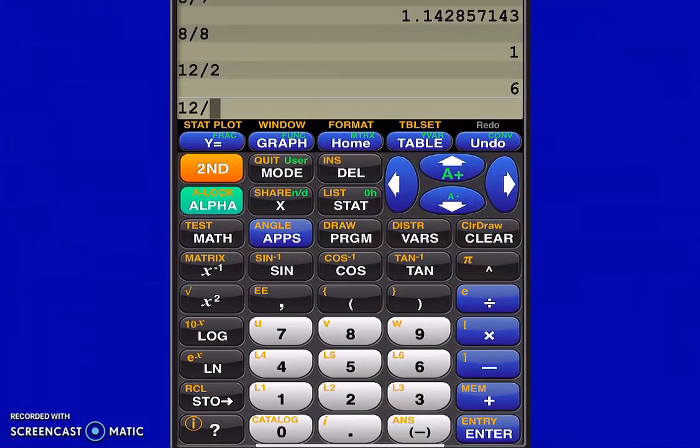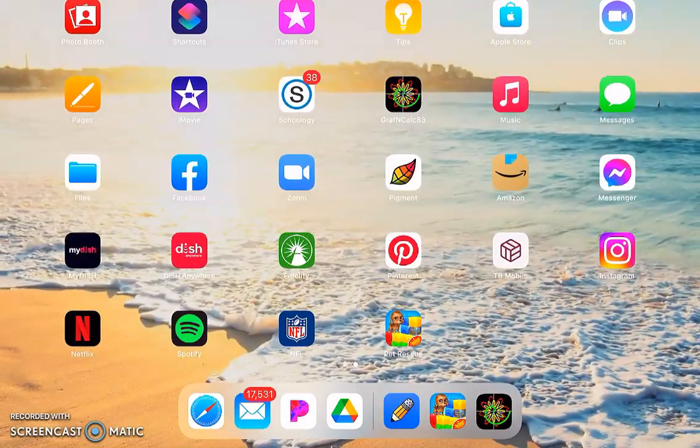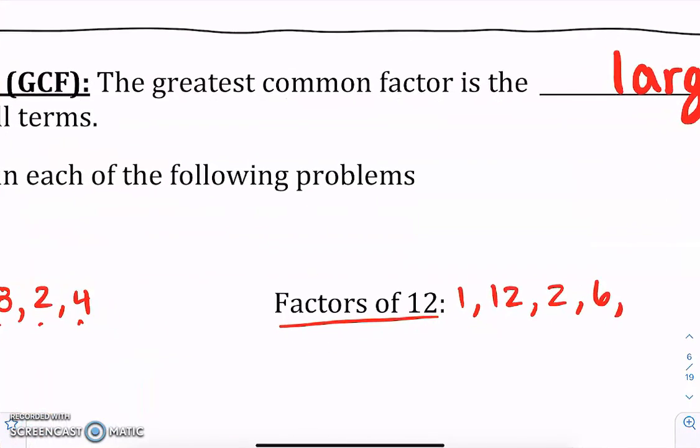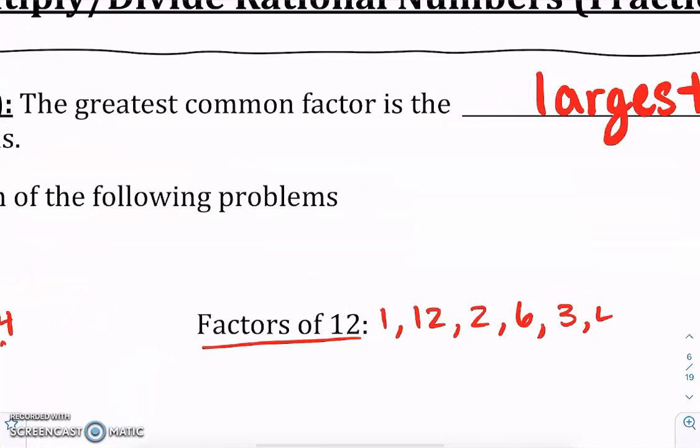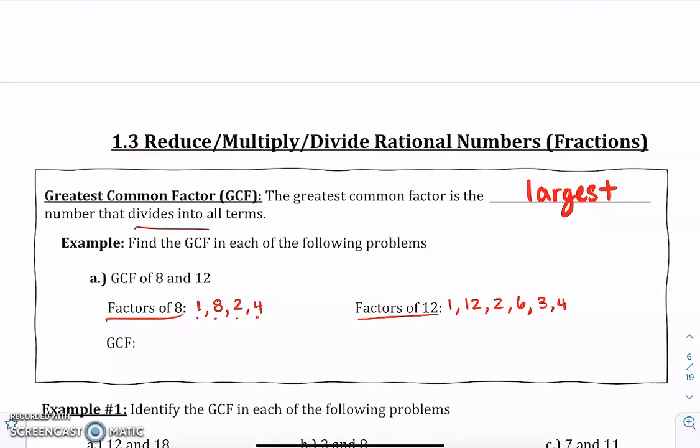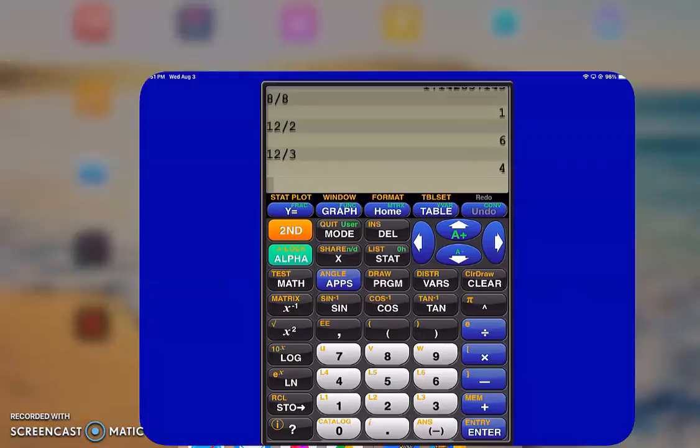Okay, how about 3? Whole number again, so those are good, 3 and 4. And no, it's not divisible by 5 because it doesn't end in a 5 or 0. We already used 6, so you could try 7 or 8.